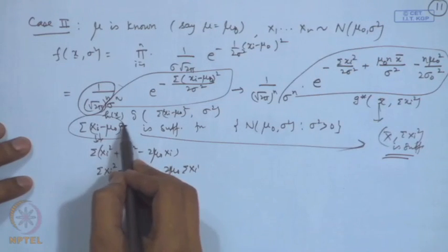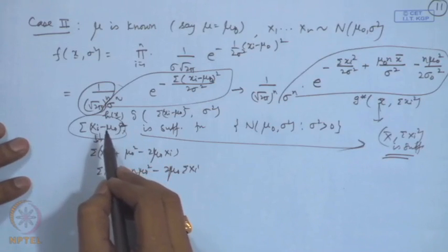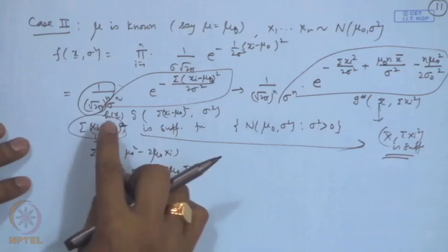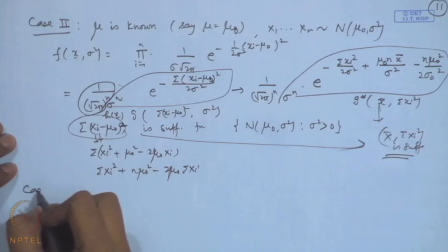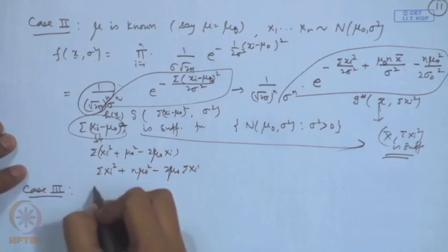So, we will prefer this, because this is a higher level of data reduction, because this is 1 dimensional, this is 2 dimensional. Let us take the case where both mu and sigma square are unknown.